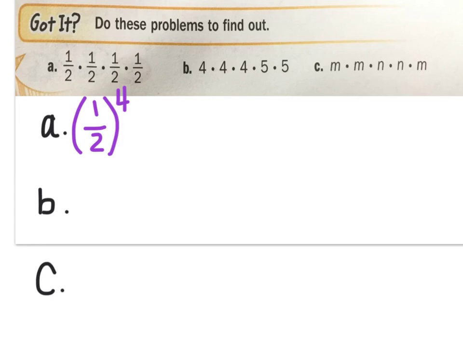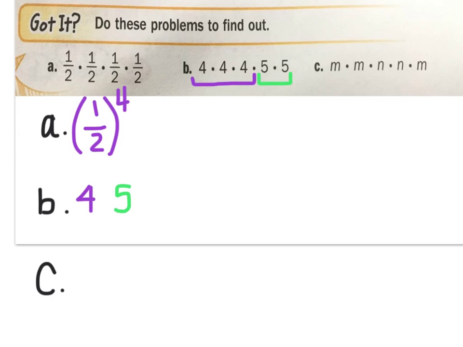Let's look at letter B. Letter B, we now have 2 separate bases. We have 4 and we have 5. So what I'm going to do right off the bat is write my 2 bases, and I'll write them in 2 different colors. I have 4 and I have 5.